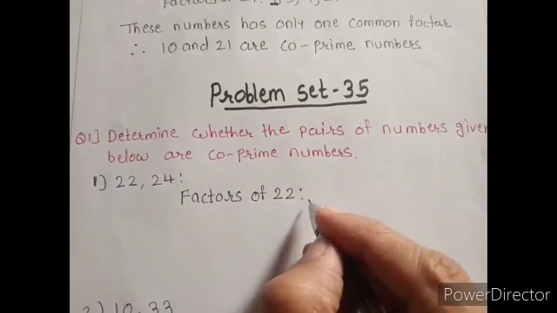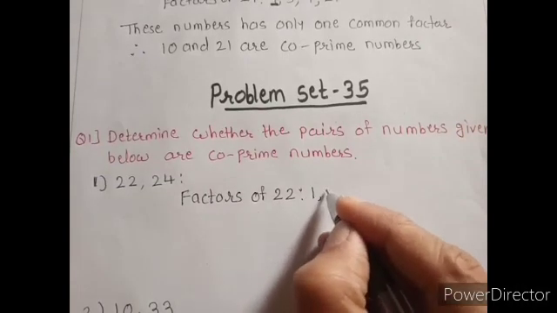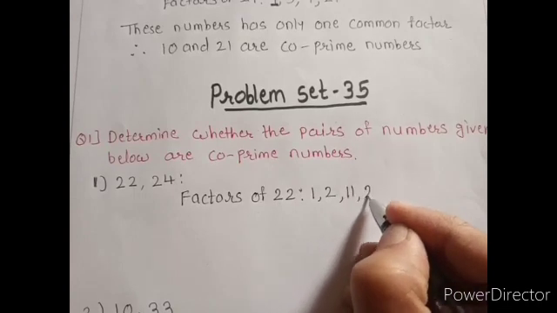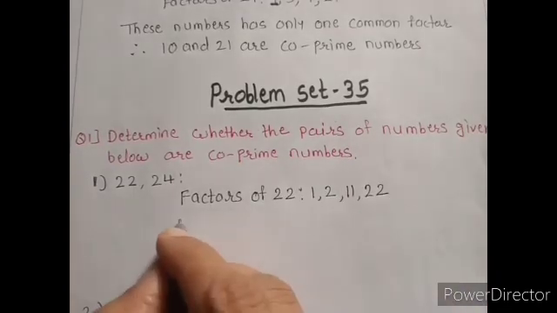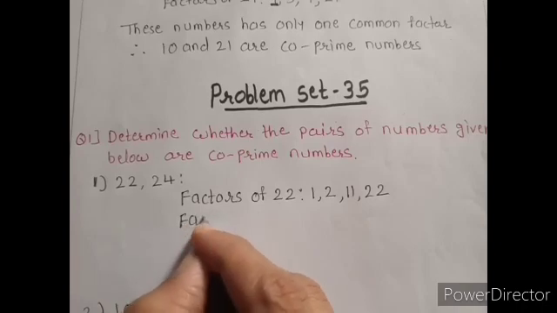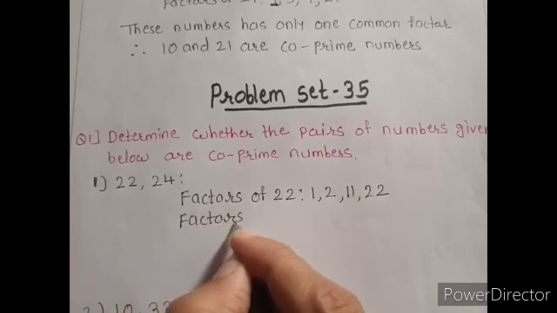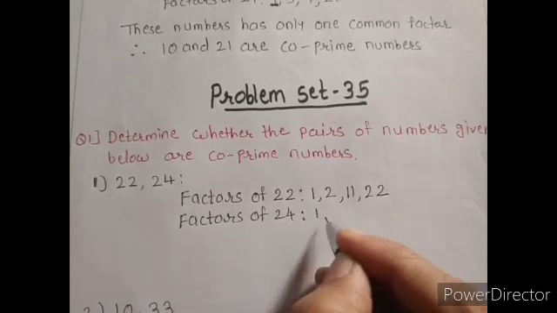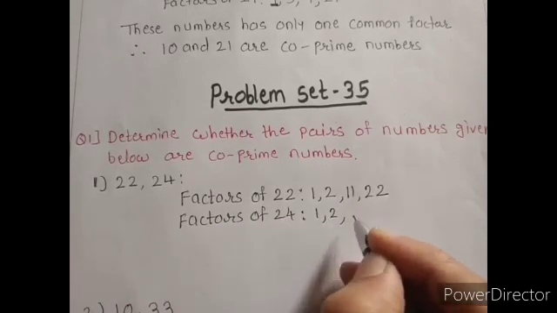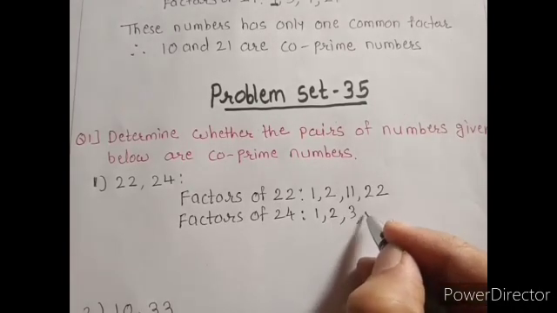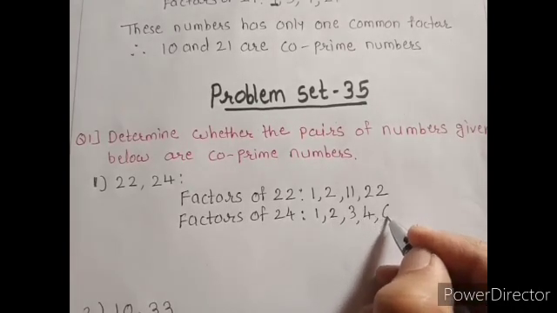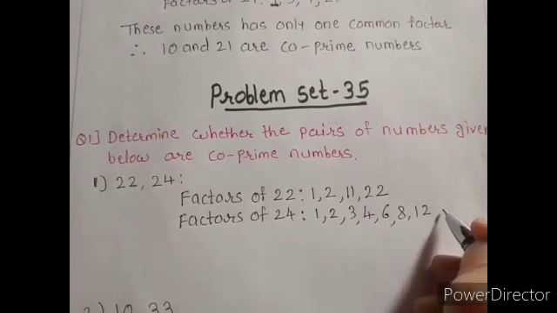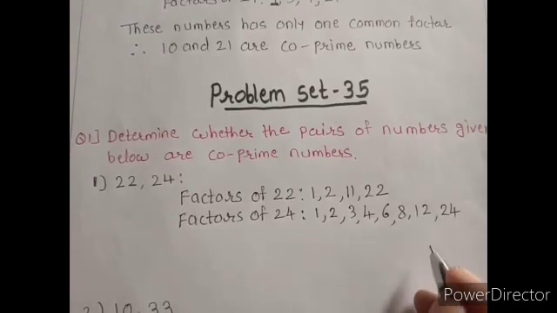Factors of 22 are 1, 2, 11 and 22. Now we will find factors of 24. That is 1, 2, 3, 4, 6, 8, 12 and 24.